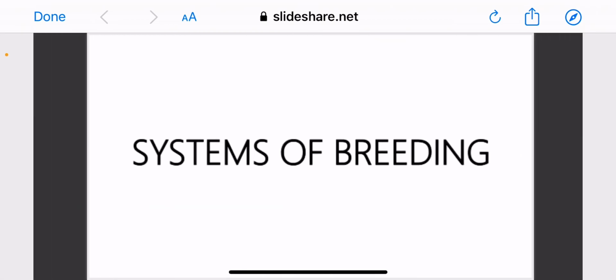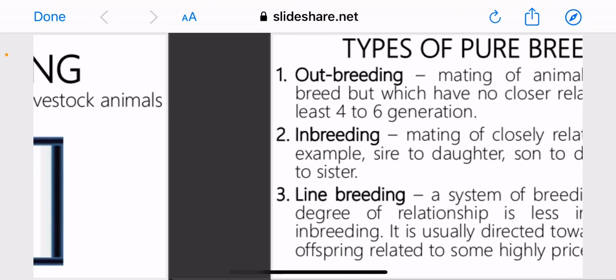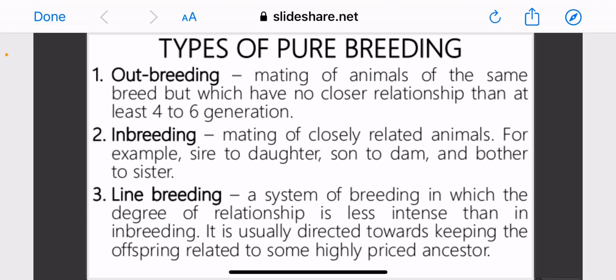And there are also systems of breeding. We have pure breeding if the mating of males and females are livestock animals of the same breed or type. So pure breeding siya pag within the same breed, like within the Friesian and Friesian. There are also types of pure breeding.